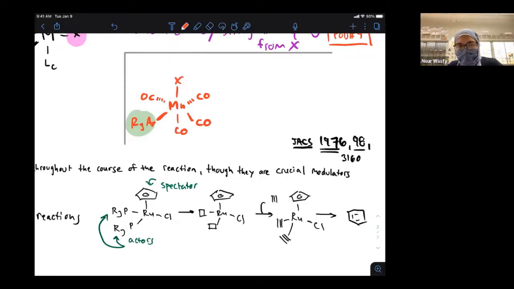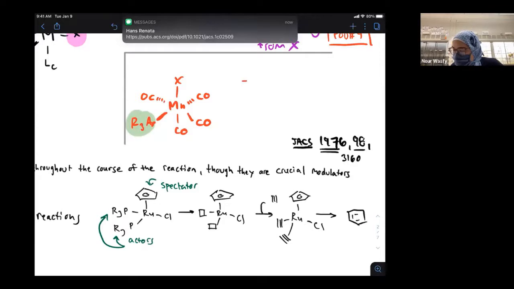So maybe I would think of the relative sigma donating abilities of the halides. Okay, so what would be the fastest? I think the fastest would be the iodide.